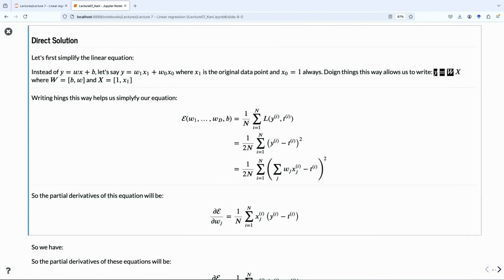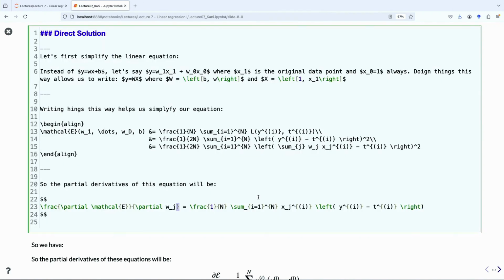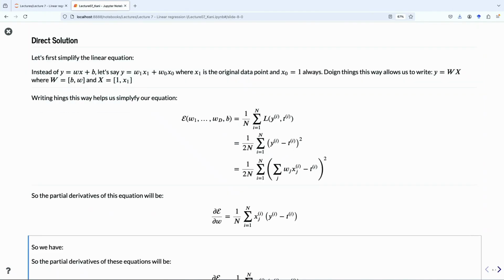And so if we actually take the partial derivative of the collective loss, epsilon, with respect to w, we get something very simple, right?